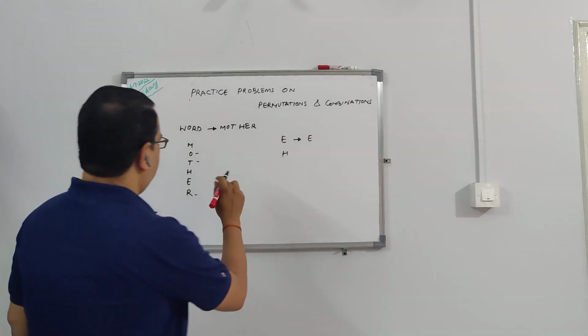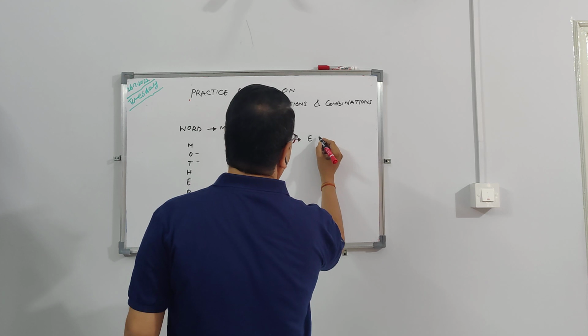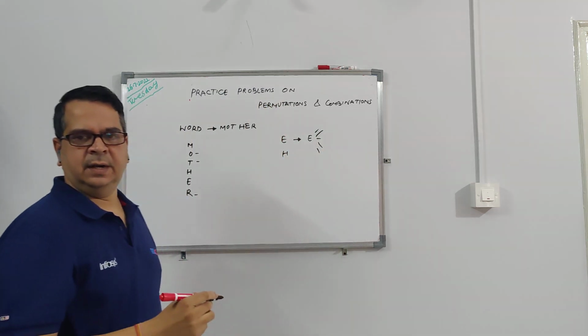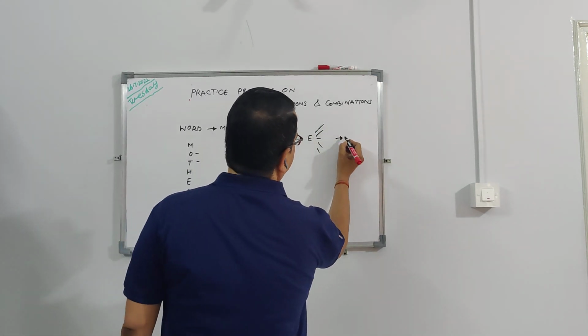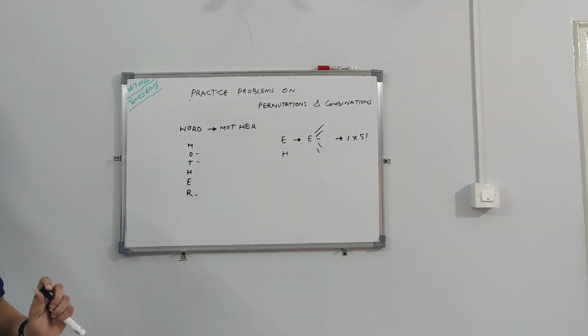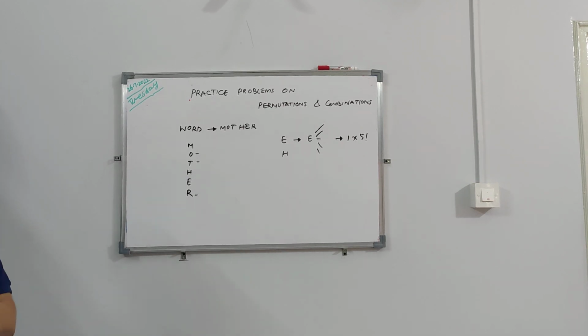So how many other letters are remaining? 5 letters are remaining. So it will be E, and then you will have 5 different things, right? So this will be 1 into 5 factorial. So 1, E is fixed. The remaining things are coming in succession. So 1 into 5 factorial. That is words starting with E.